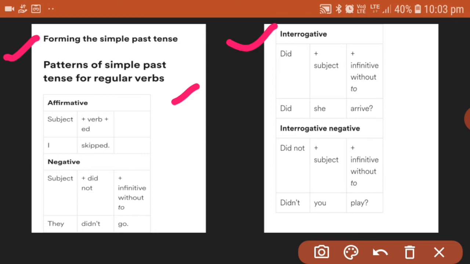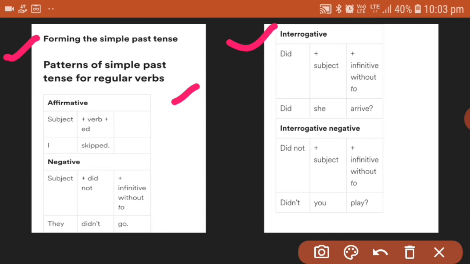That's why we use here the helping verb did, and after did we can place not. Here you can check. They didn't go. Didn't means did not, a single word combined from two, did plus not.